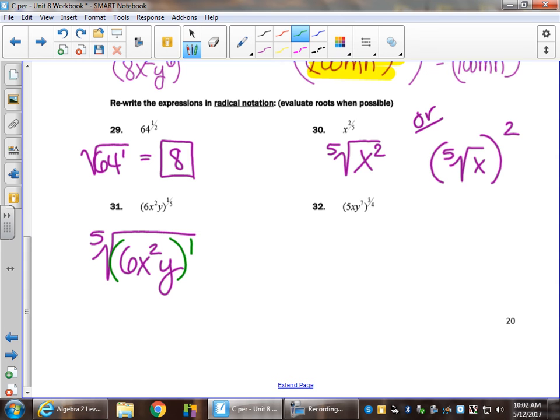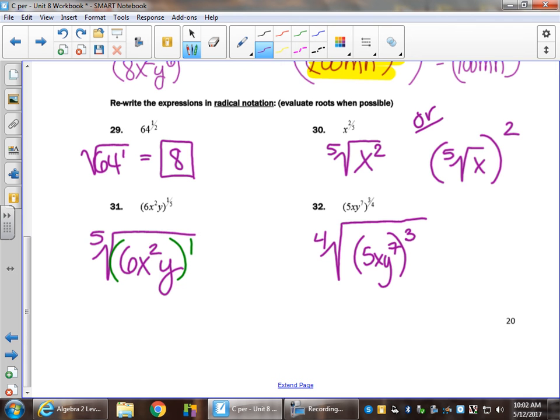Last one, 32. Who's got it? Yes. 4th root. She started it. Can someone else finish it? To the 3rd. Good. So 4th root of 5xy to the 7th raised to the 3rd.